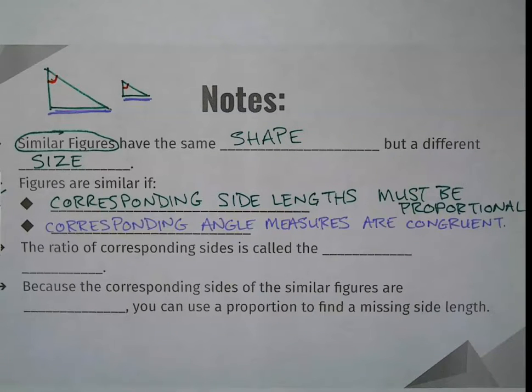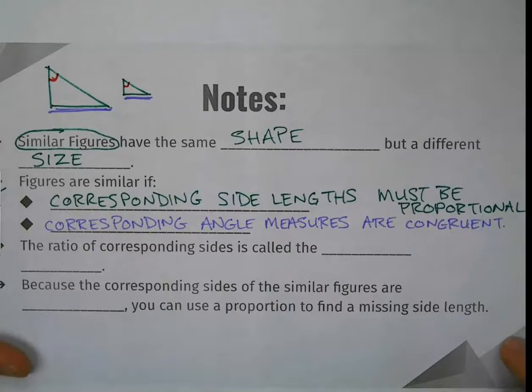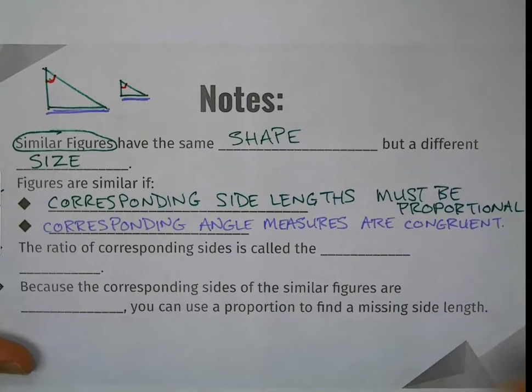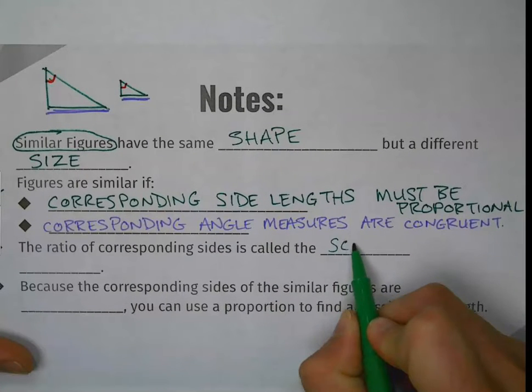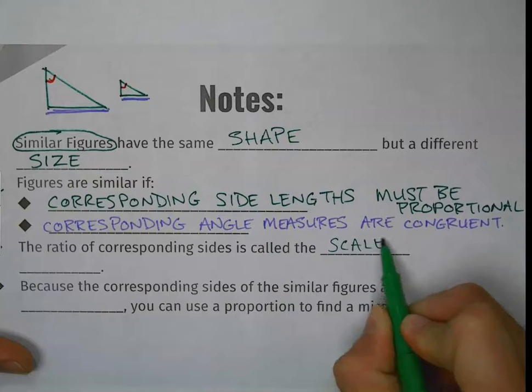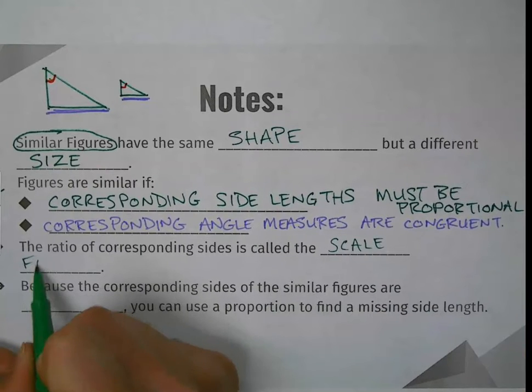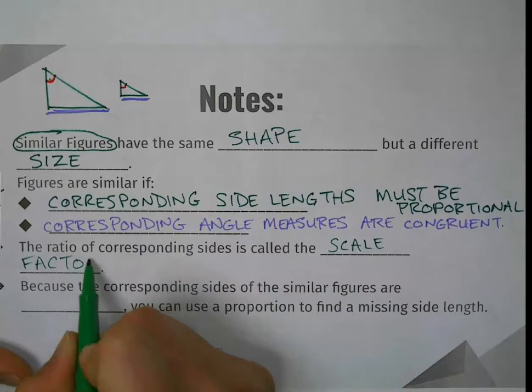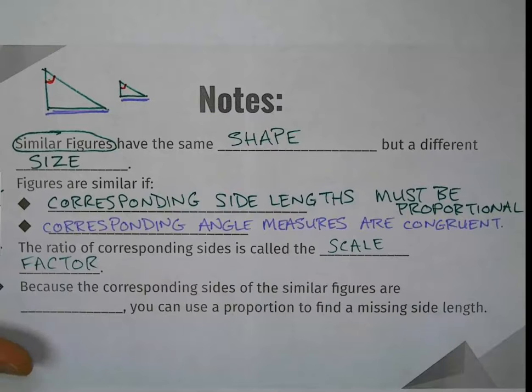Okay, next part. The ratio of corresponding sides is called the scale factor. We already talked about scale, and this really just leads right into it. Okay, scale factor, that is the ratio.